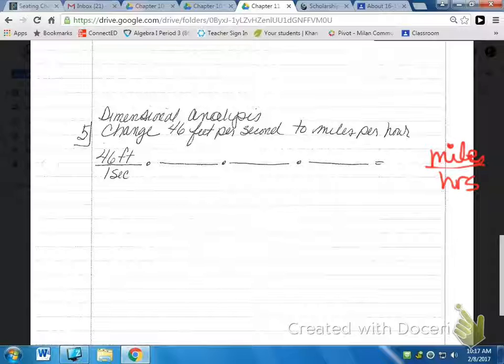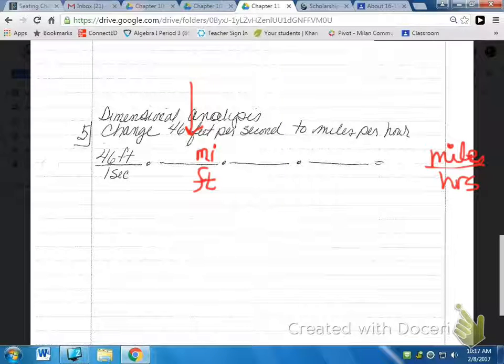So this very first fraction here, I'm going to put feet on the bottom so it cancels out, and put miles on the top. Question, Ethan? So, Ethan, how many feet are in a mile? 5,280.